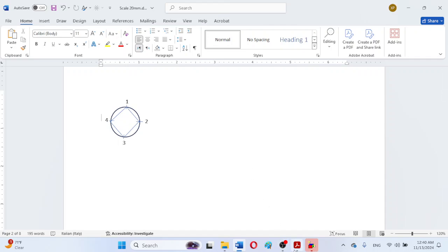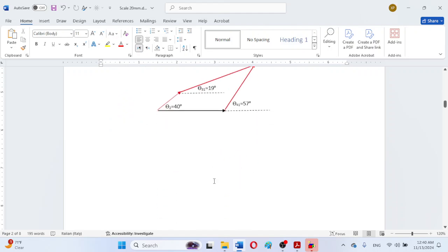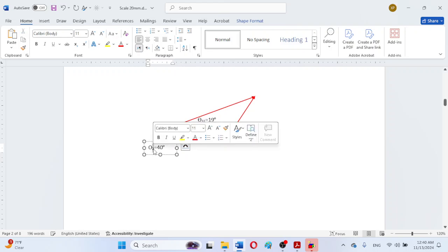So we can observe that, if we label these points at a moment, this is point O2, and this is the crank ground revolute.